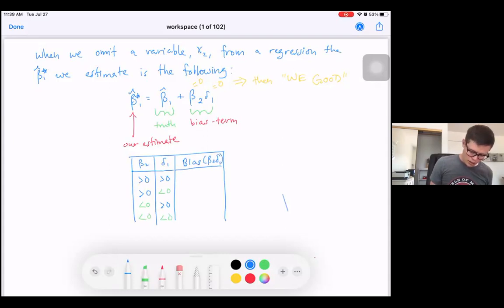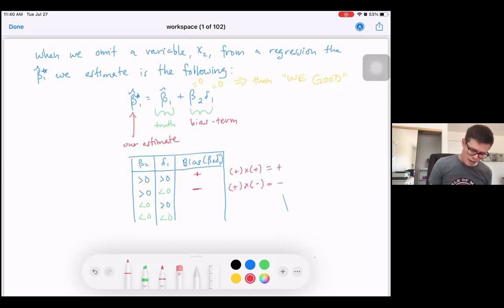So here we'll get that if beta 2 is positive and delta 1 is positive, the bias will be positive because it's just a positive times another positive. If beta 2 is positive and delta 1 is negative, then the bias is negative because we have a positive times a negative.